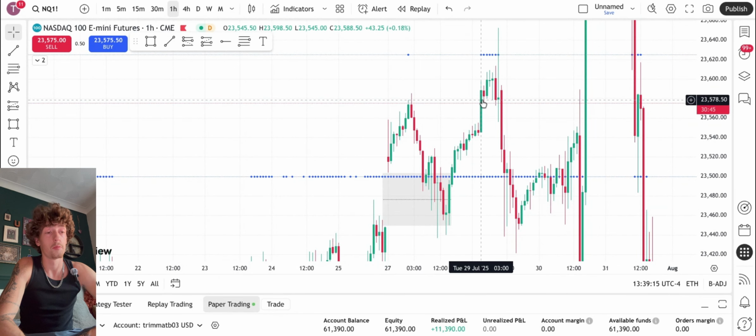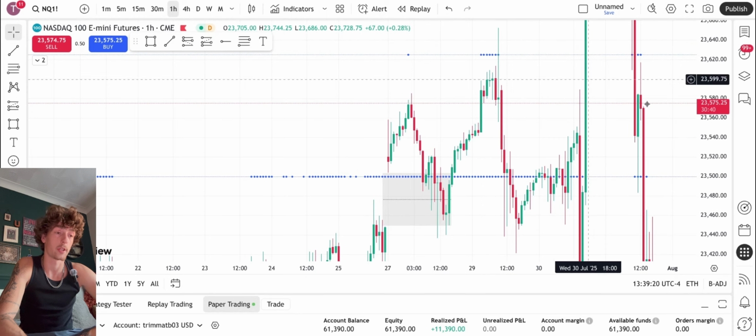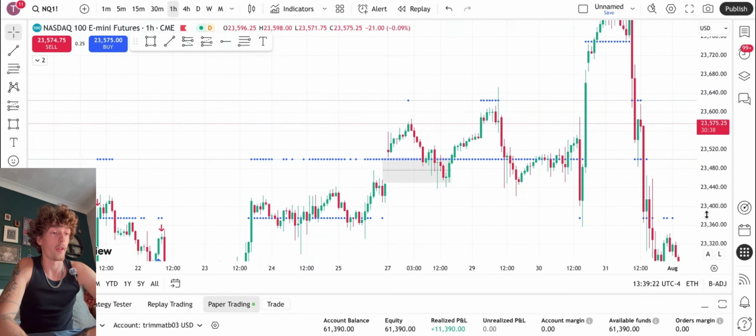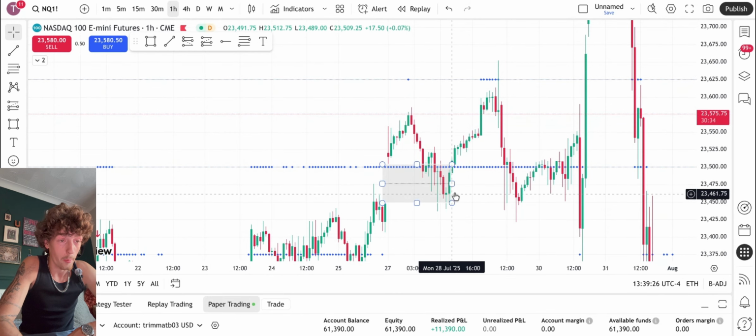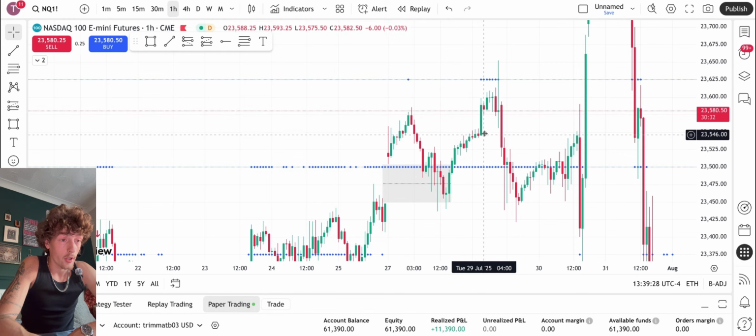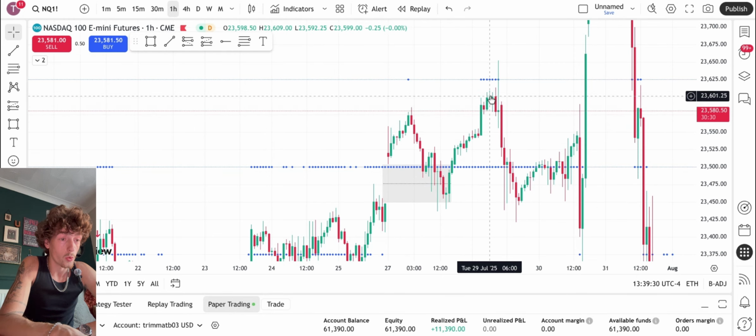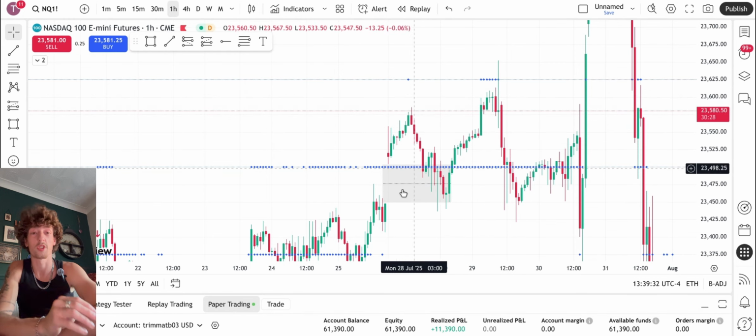Again, trend went up, faked people out, grabbed liquidity, came back down. It happens over loads of time frames, and that took from Monday to pretty much Tuesday midday.